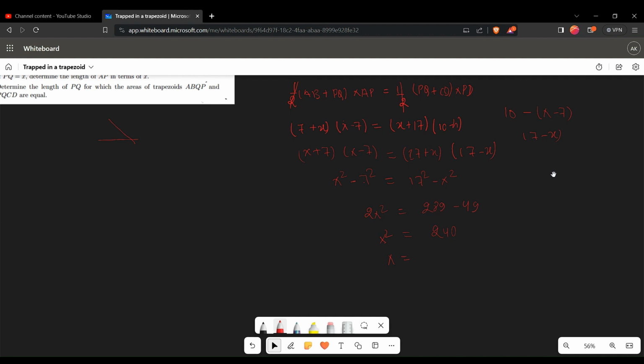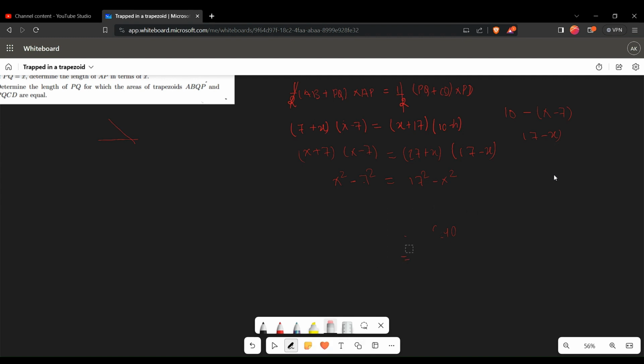Just hold on, I think I have committed a mistake. Yeah, actually here it is wrong. Minus 49 on the left side will become plus 49 on the right side.